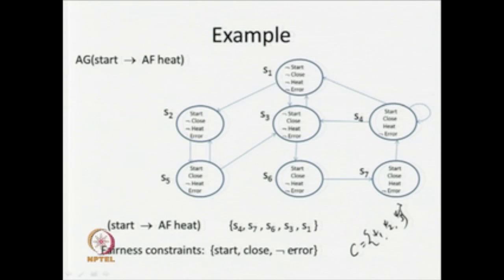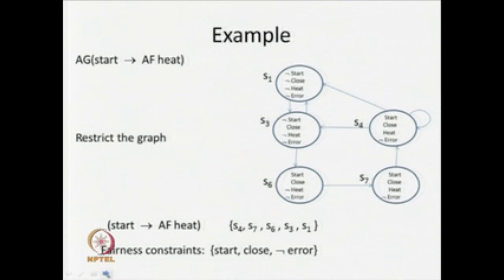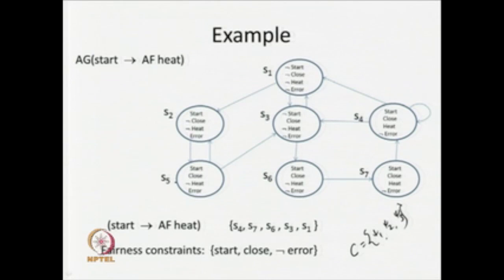Now we will see how model checking with a fairness constraint is used to check this formula. We restrict the graph to the states where start implies AF heat is true, because in the other two states, S2 and S5, this formula is not true.